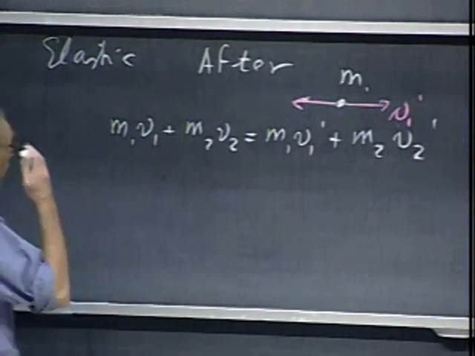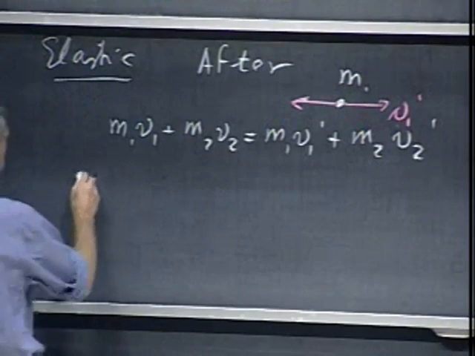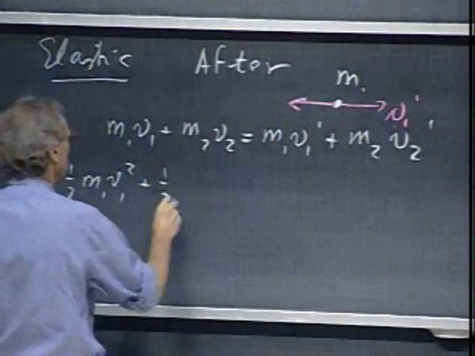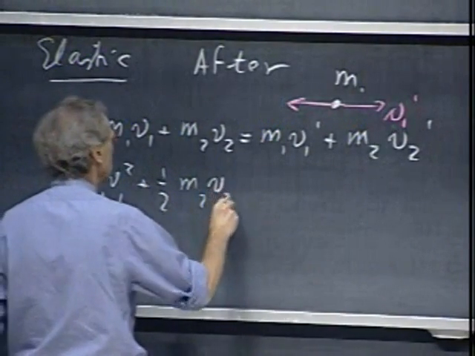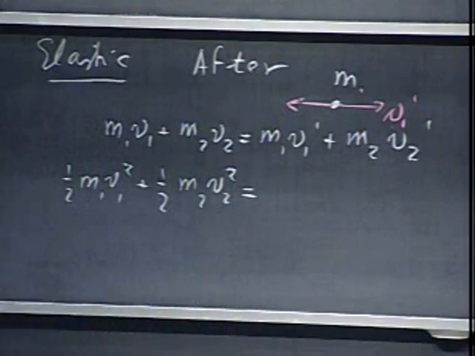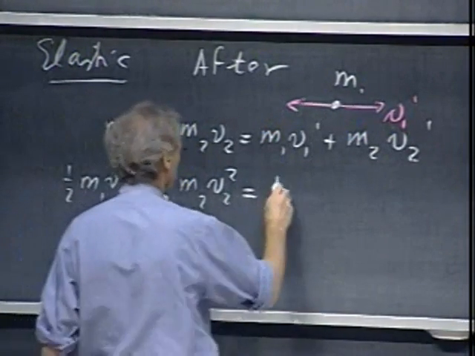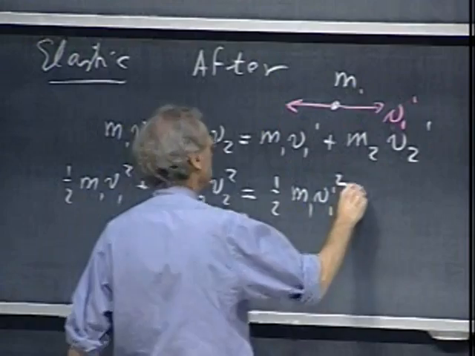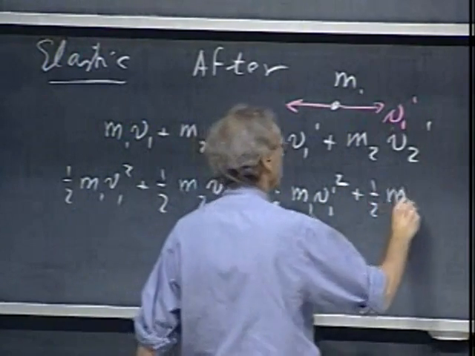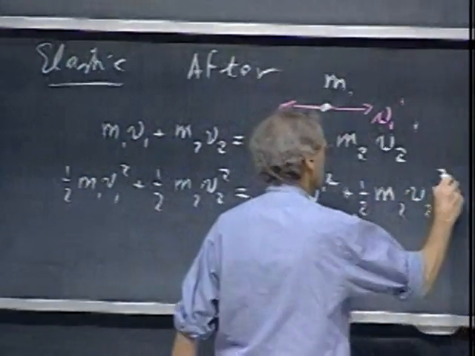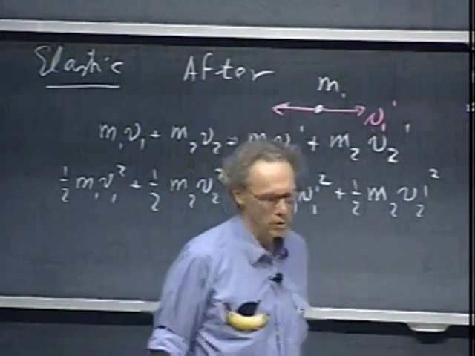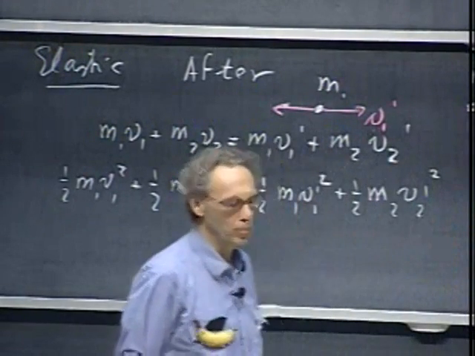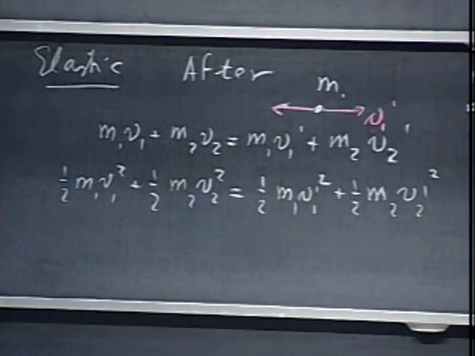Now we get the conservation of kinetic energy, because we know it's an elastic collision. 1/2 m1 v1 squared plus 1/2 m2 v2 squared, that's before the collision. After the collision, 1/2 m1 v1 prime squared plus 1/2 m2 v2 prime squared. Two equations with two unknowns, and in principle you can solve for v1 prime and for v2 prime, except that it could be time consuming.